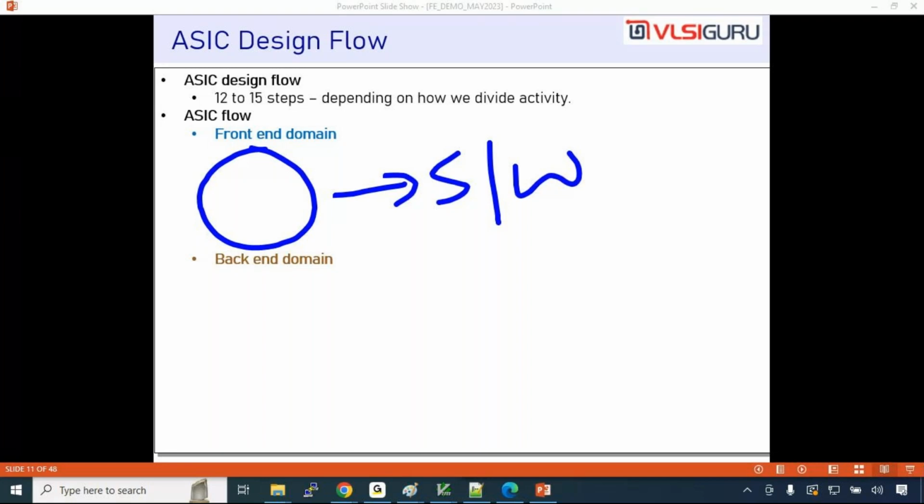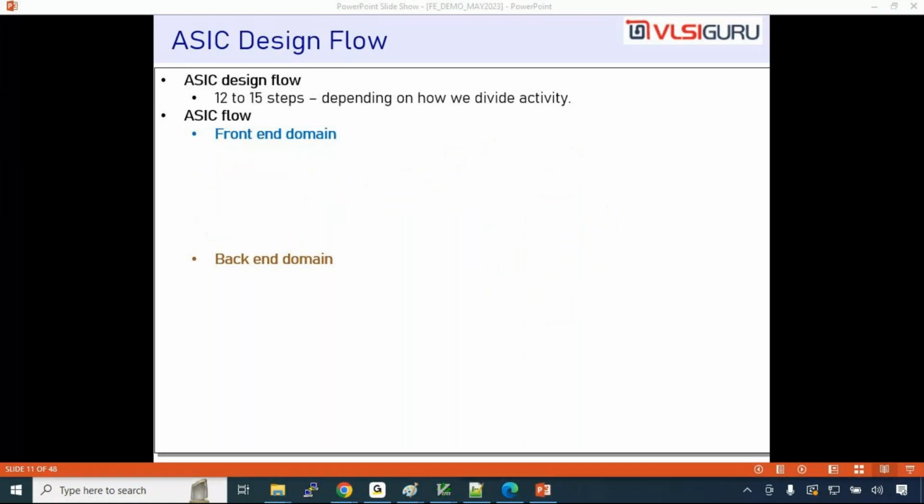A software engineer understands the specific requirement and implements the algorithm using C or C++ or maybe Java, .NET. Here, instead of C++, we use Verilog, SystemVerilog kind of languages. But the nature of the work is the same.